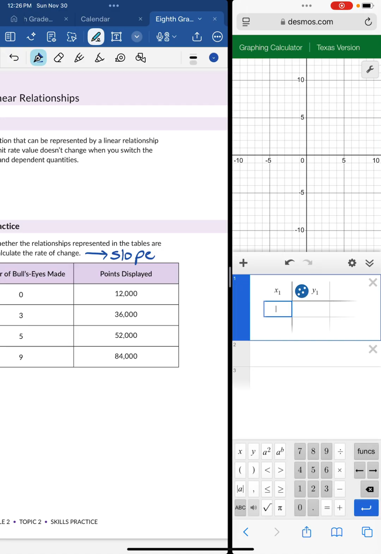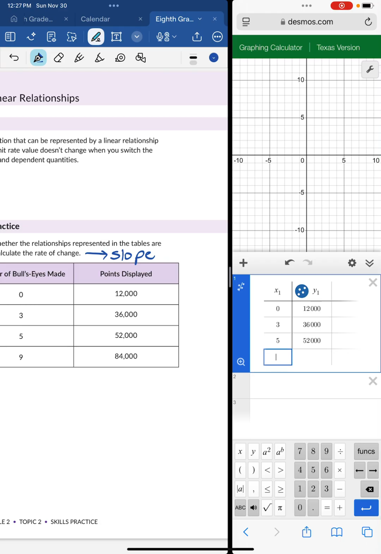Well, we're going to have 0 and 12,000, 3 and 36,000, 5 and 52,000, 9 and 84,000.